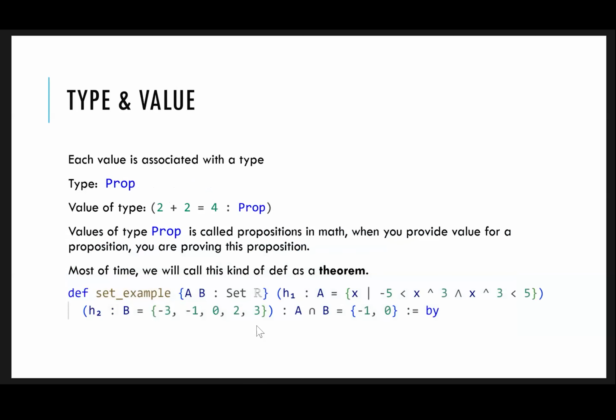So in the previous two slides, we talked about how to define types of the blue big type. But another category in Lean's type system is Prop. Values of type Prop are what we call propositions. This is sometimes very confusing for beginners, but later I will use some examples to demonstrate this.